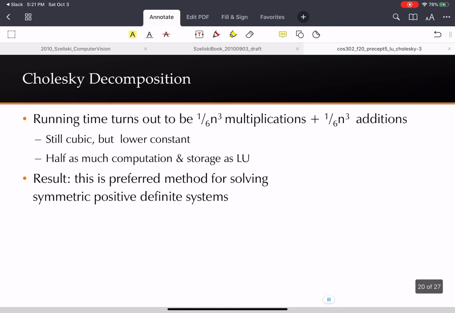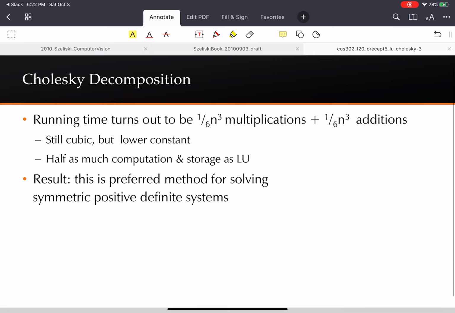So here are some notes on this Cholesky decomposition. First, running time. It turns out that we need 1/6 times n cubed multiplications and the same number of additions. See here, the running time is still cubic, but it has a lower constant as opposed to the previous n cubed.